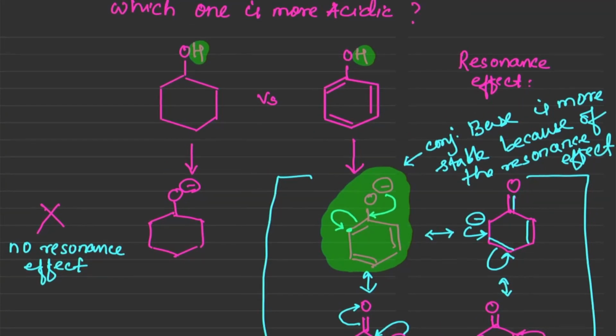As a result, what have we said before? If a conjugate base is more stable, then the corresponding acid, which in this case is the structure on the top, is going to be more acidic.